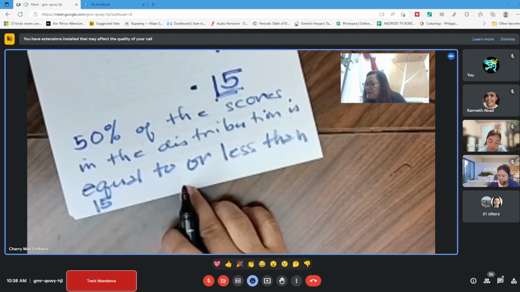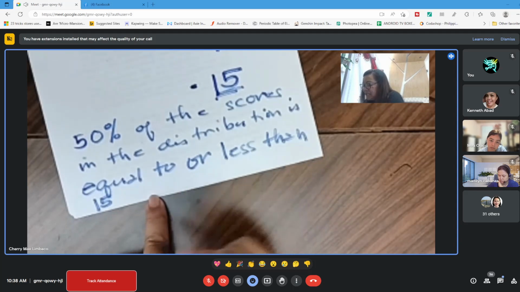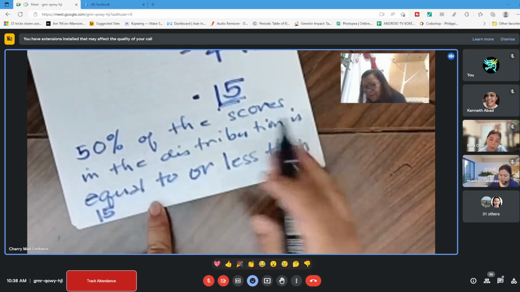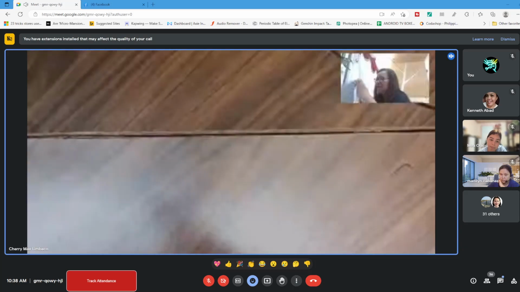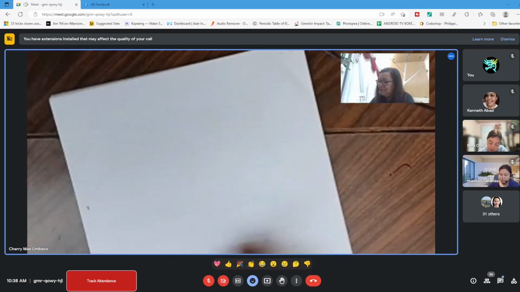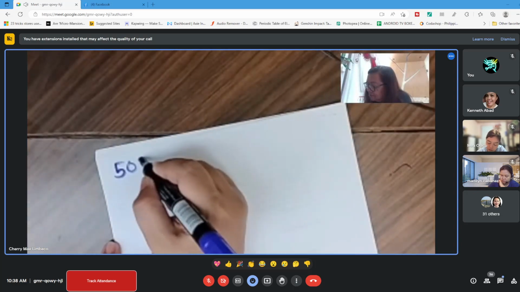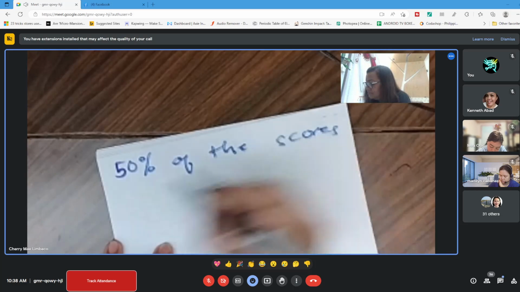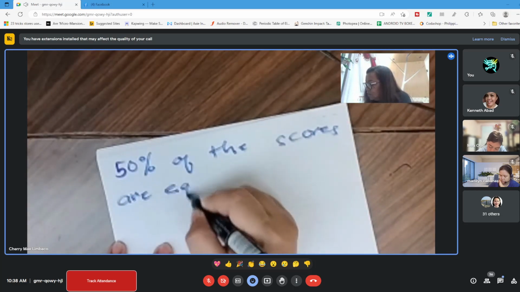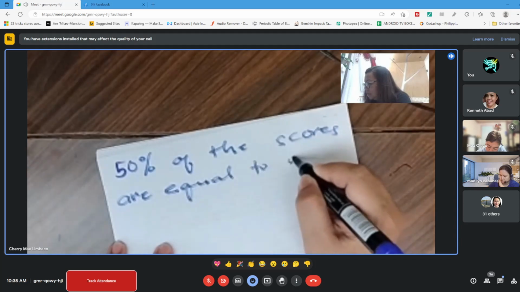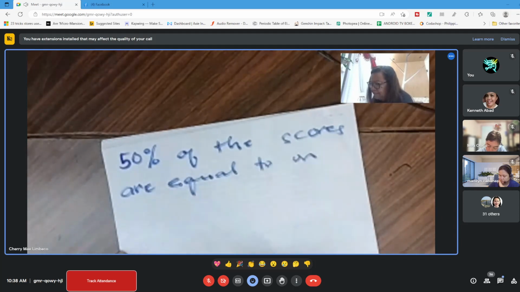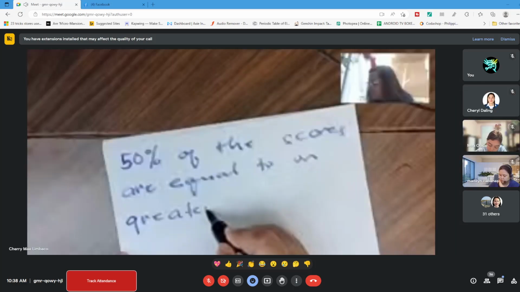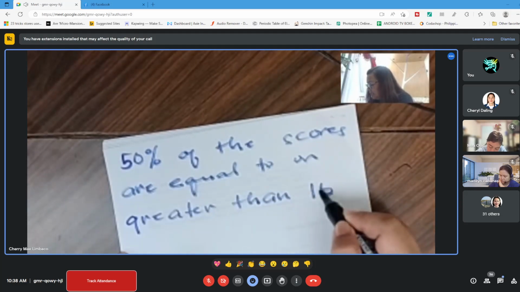If I use greater than, I can also say that 50% of the scores are equal to or greater than 15.